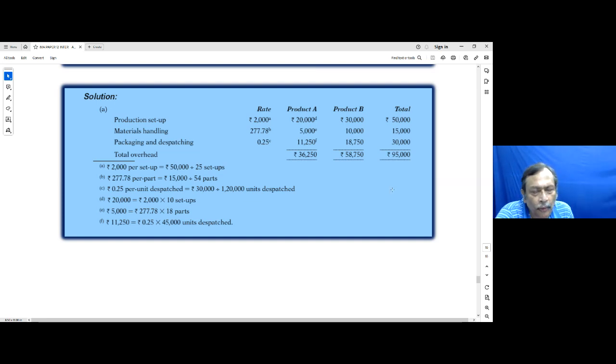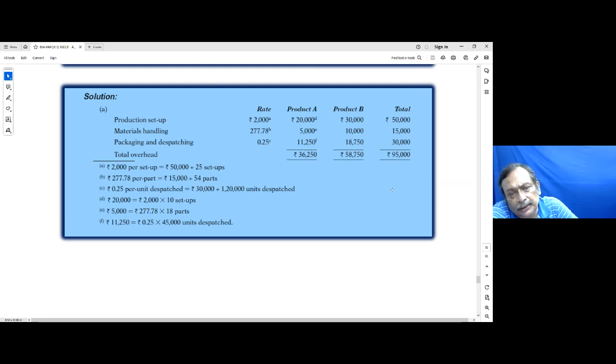We get the amounts by taking the cost pool divided by the cost driver, so 2,000 per setup is the cost driver rate, 277.78 is the cost driver rate per part, and 0.25 per unit dispatched is the rate.